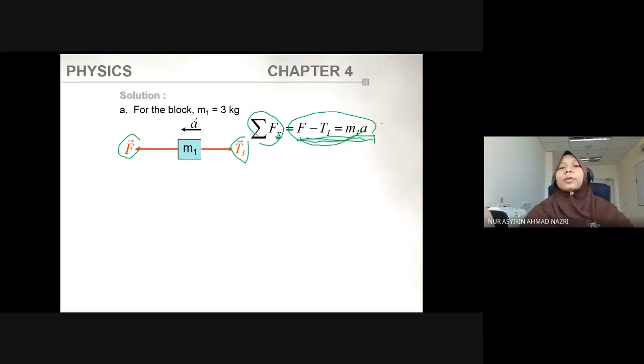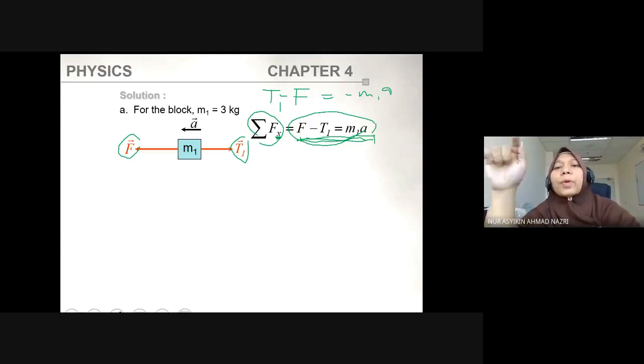So this one akan jadi T1 minus F equal to negative M1A. Then when we rearrange this equation, we will get the same equation je sebenarnya. It's just cuma cara kita nak ambil the negative positif tu lah.